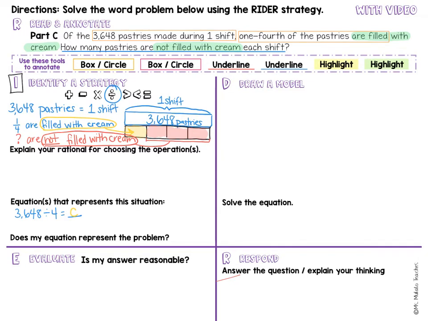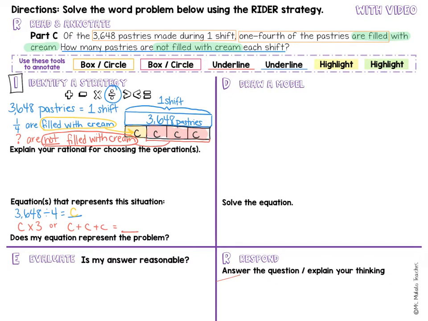Well, once we know what C is, it has to be the same in all of these parts because they're equal pieces. So we could either take C 3 times or add C 3 times. So you get to choose. Are you going to take C times 3, or are you going to add C plus C plus C?